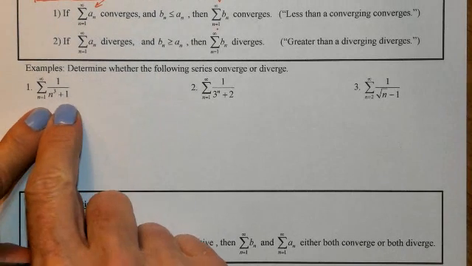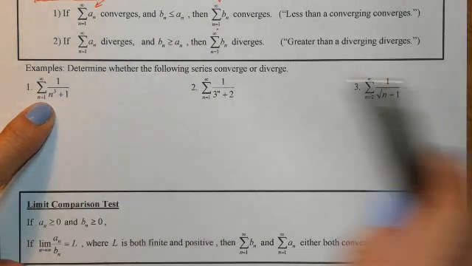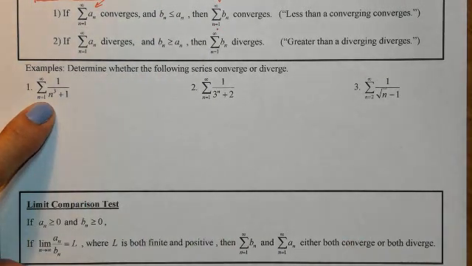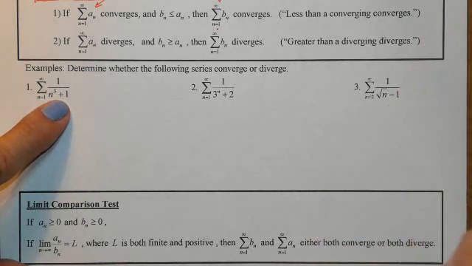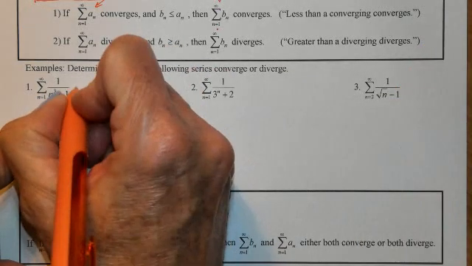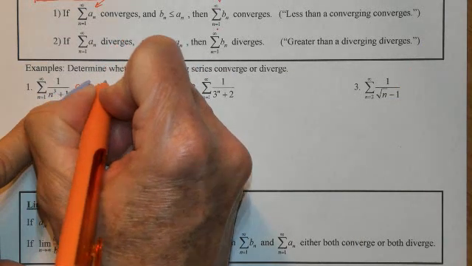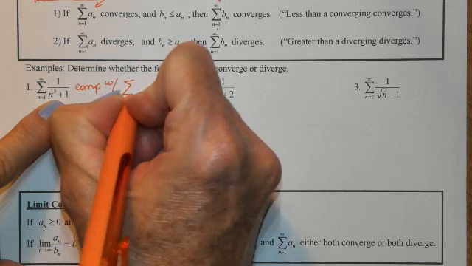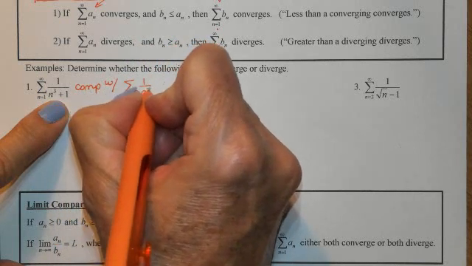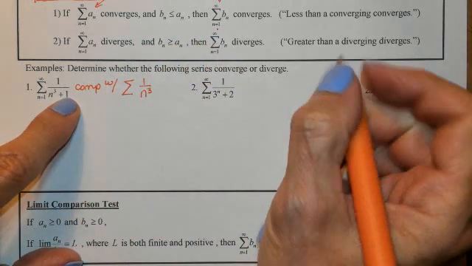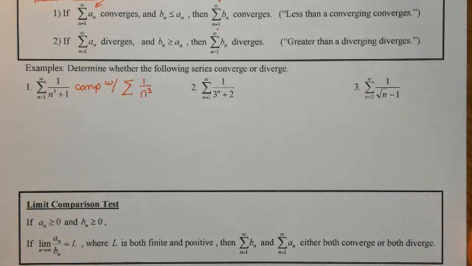Example 1. First of all, what am I comparing it to? What does it behave like? This behaves like, so I'm going to compare with the series for 1 over n cubed, because the plus 1 is not going to make a difference in the convergence or divergence of this series.